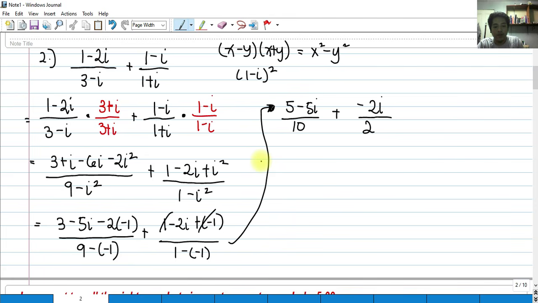So what will happen here is this would become 5 minus 5i over 10. Then we have minus, these 2's will cancel, that will become minus i. But of course, we can still factor out 5 here because it's common.